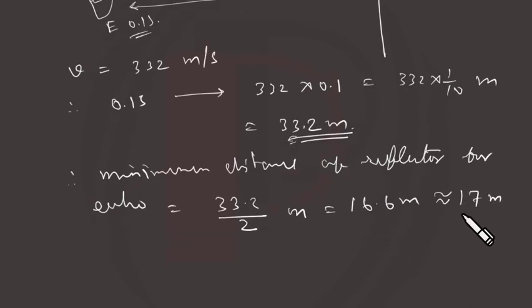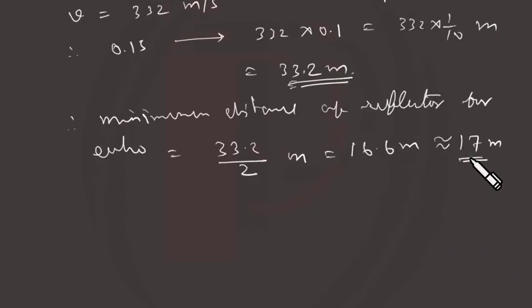So that must be the minimum distance of the reflector from the ear. If the reflector stays within this range, we cannot hear the echo of the sound.